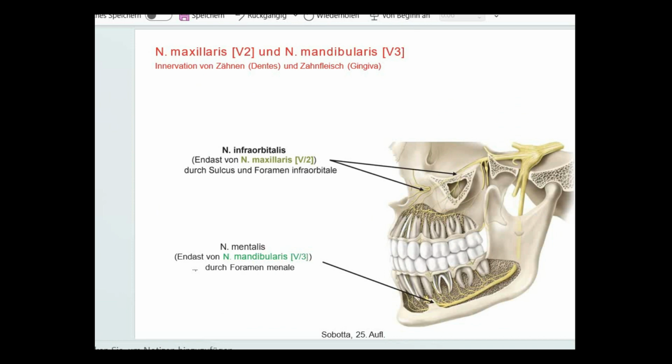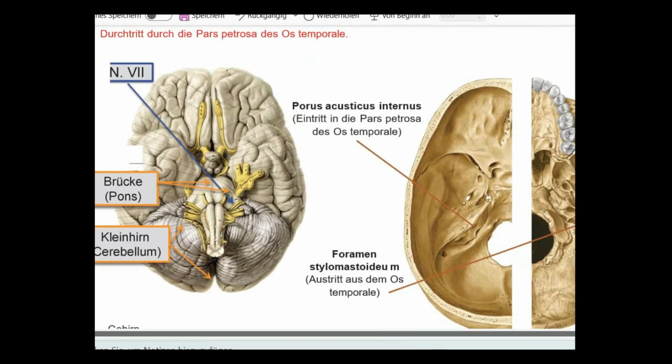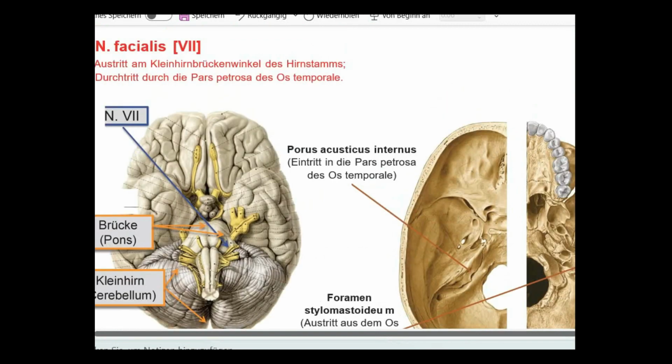Now let's move on to nerve number 7, the facial nerve. The facial nerve, it's a little funny. It has an entry and an exit. If you look here again, it enters the skull through the internal acoustic meatus, entering the petrous part of the temporal bone.